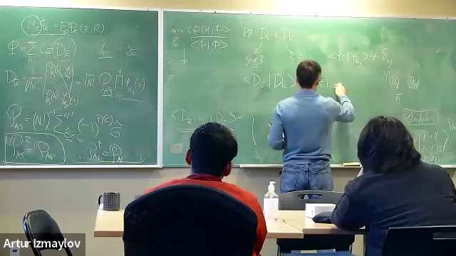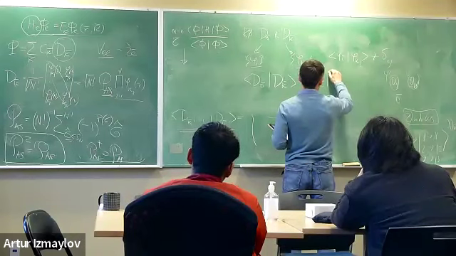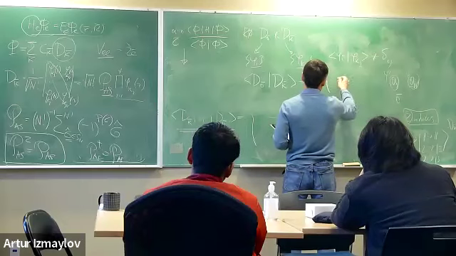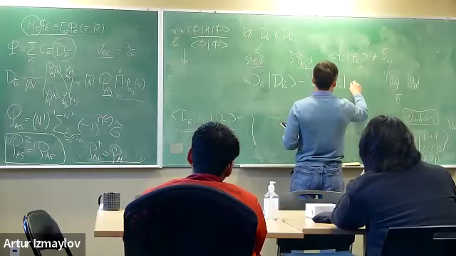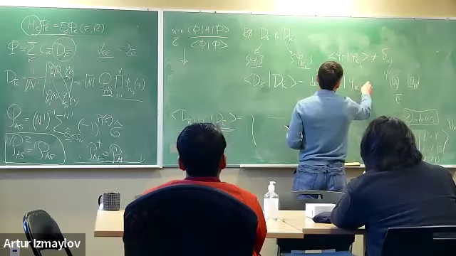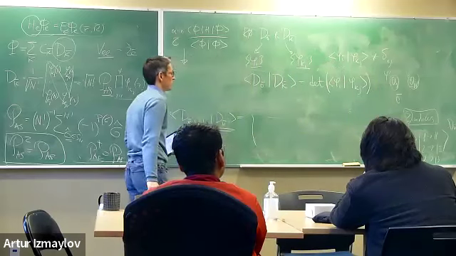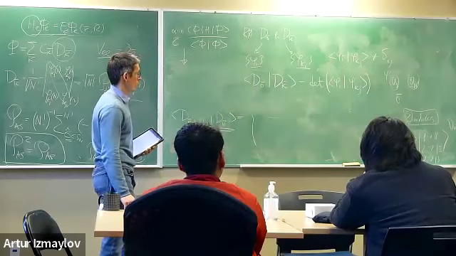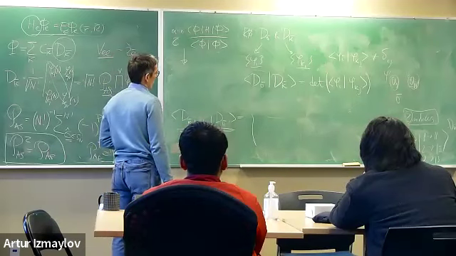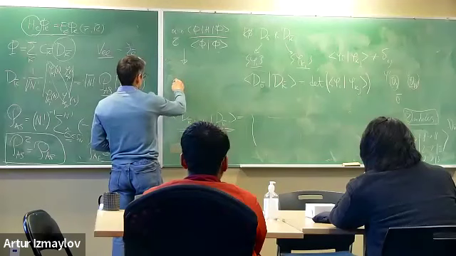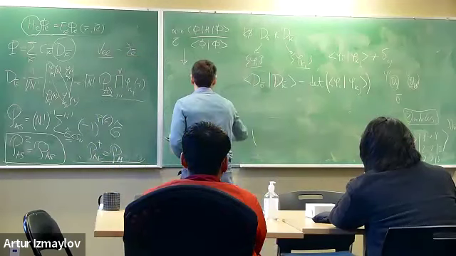The determinant of the overlap matrix is essentially, so this matrix is phi i, then phi a j.